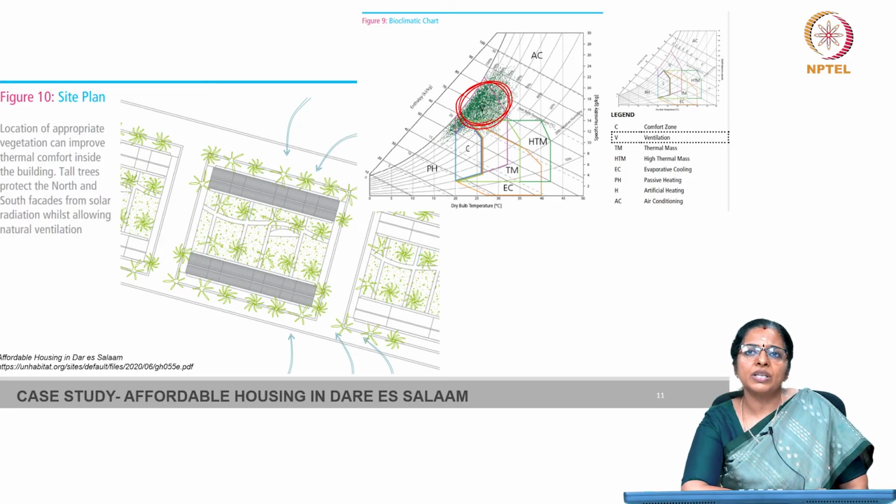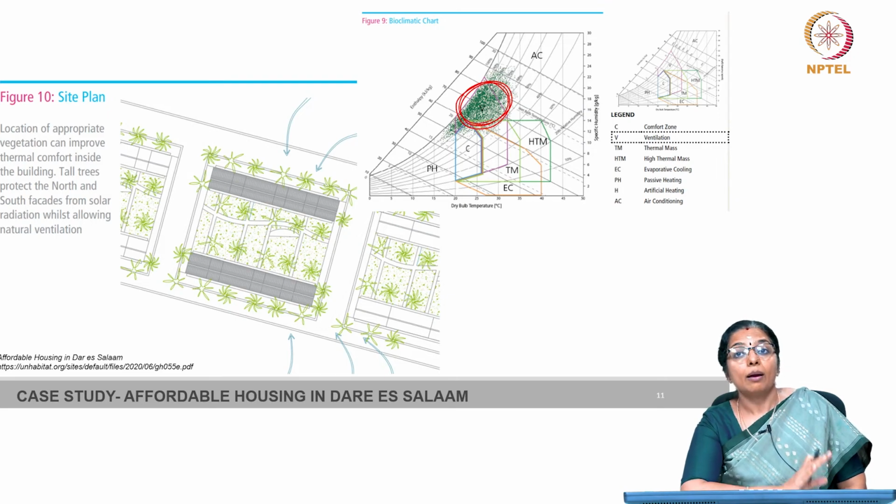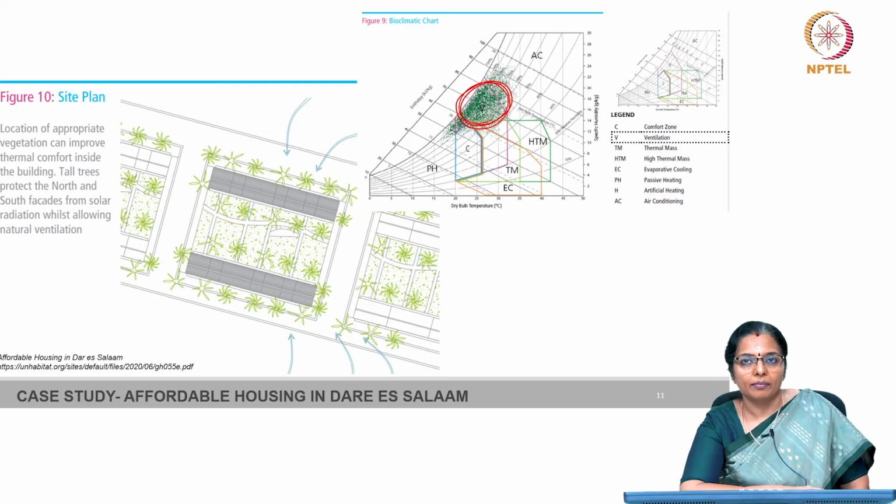Buildings within this zone should prioritize being lightweight, with minimal thermal storage capabilities. The interpretation of this design approach indicates that during the period from January to March, maximum temperatures surpass the range suitable for natural ventilation, because bringing in natural ventilation during a very hot period is like bringing hot air inside.